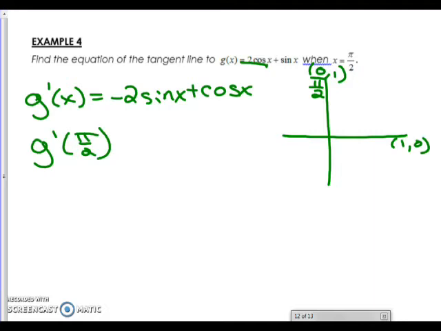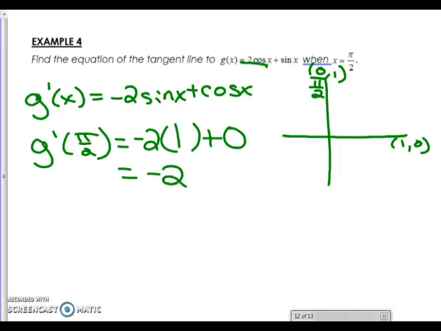That's negative 2 times sine of pi over 2, which is 1, plus cosine of pi over 2, which is 0. So here I just have negative 2 as my slope.